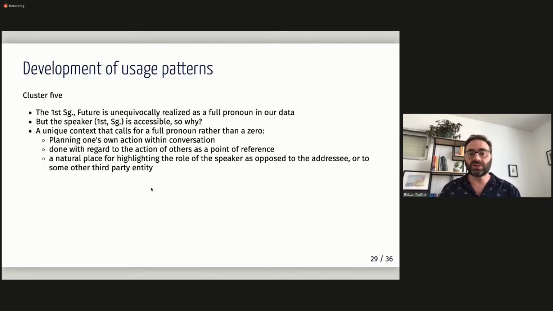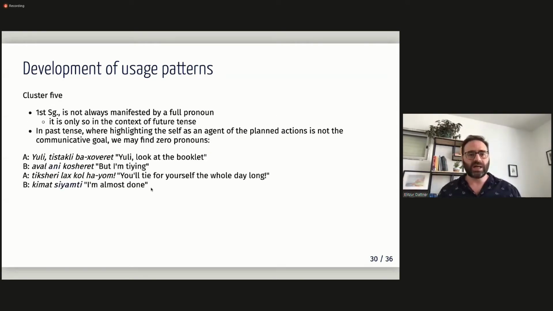It is used to plan one's own action within the conversation, and it is done with regard to the action of the others as a point of reference. So it is a natural place for highlighting the role of the speaker as opposed to the addressee or some other third-party entities.